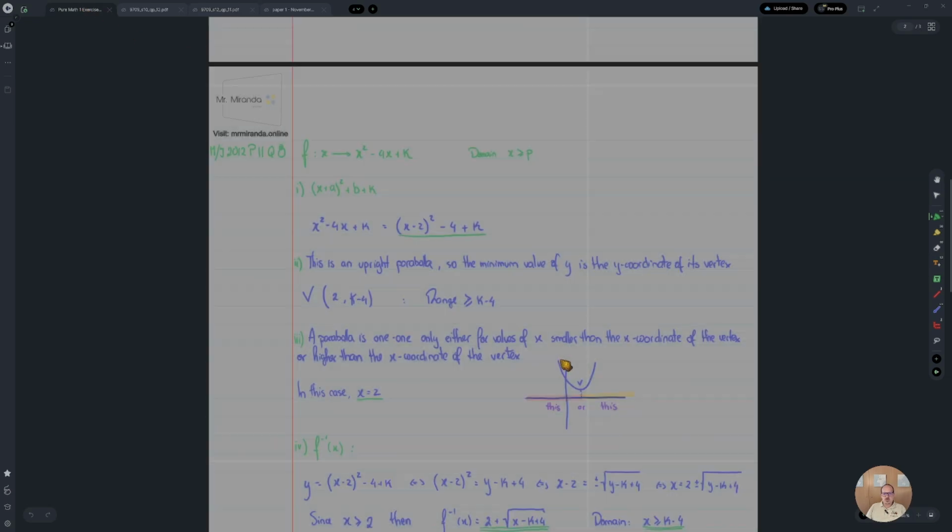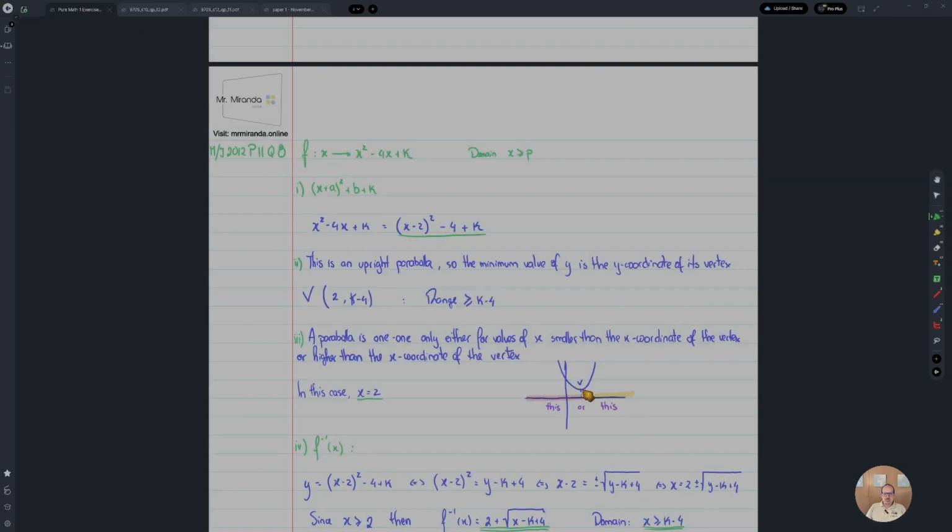The smallest possible means that they are picking this side over here, and p is going to be the smallest possible value of it. Anyway, in this kind of question, the answer is always the same, it is the x-coordinate of the vertex. You should understand the reason why, but the standardized answer for this type of question is x equals the x-coordinate of the vertex, 2 in this case.